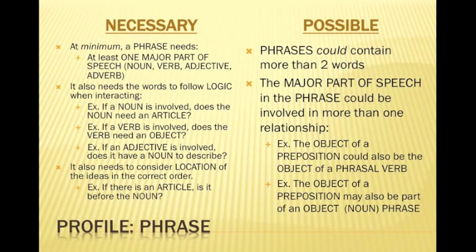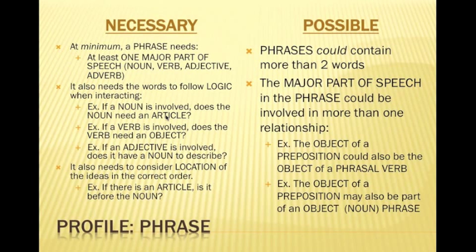Now, going back to phrases, again, it's also helpful to think about what's necessary. Because, again, we're going to have phrases and sentences from time to time. So again, what is necessary? Well, first, at minimum, a phrase, as we said, generally will need one major part of speech, whether it's a noun, a verb, an adjective, or an adverb. But it also needs to follow logic. So, for example, if I have a noun, we can't just include the noun without thinking about, does the noun need an article?